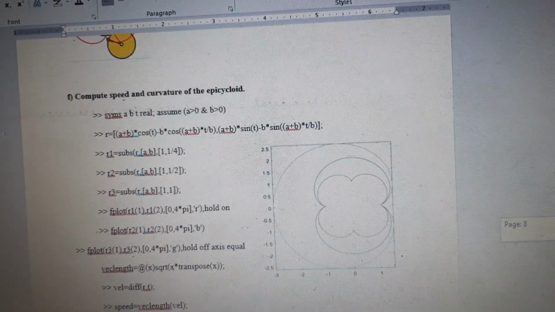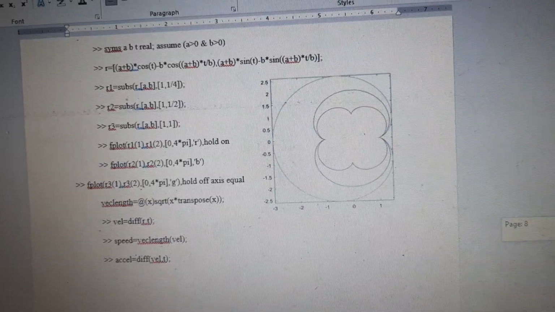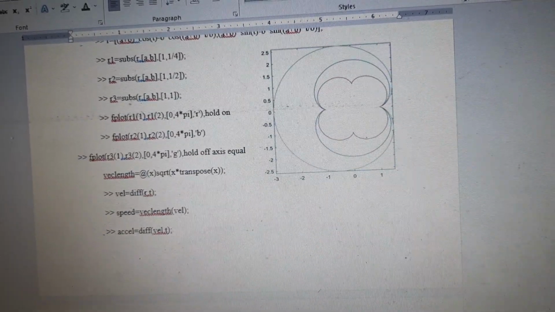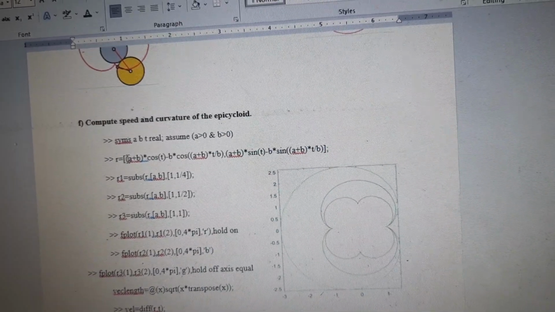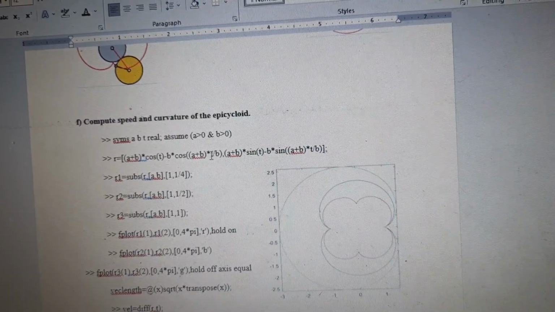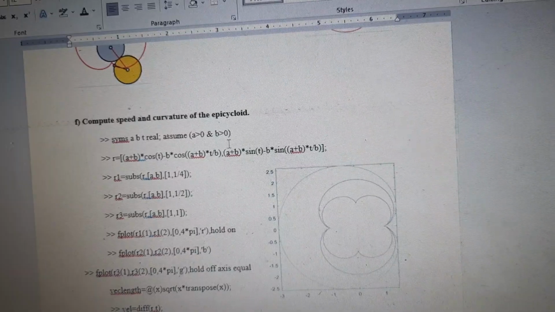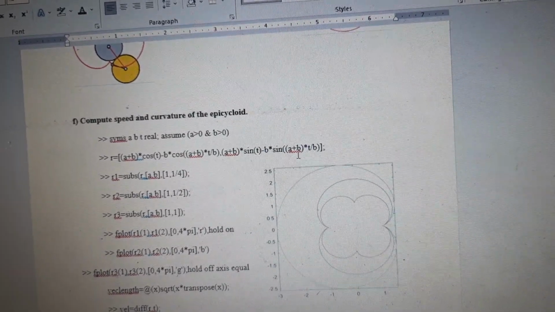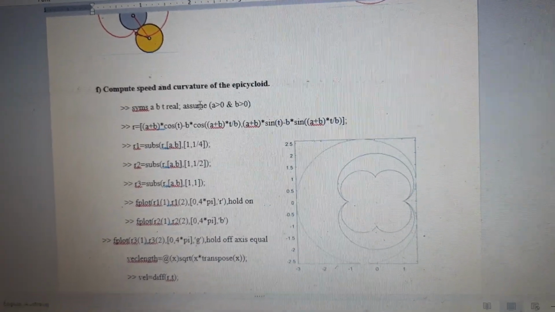Here the speed and curvature of the cycloid are also given, and then the figure also. The parametric equation of the epicycloid is also given here: x equals (a plus b) cos t minus b cos((a plus b) t by b), and similarly y equals (a plus b) sin t minus b sin((a plus b) t by b). This much is all given here.